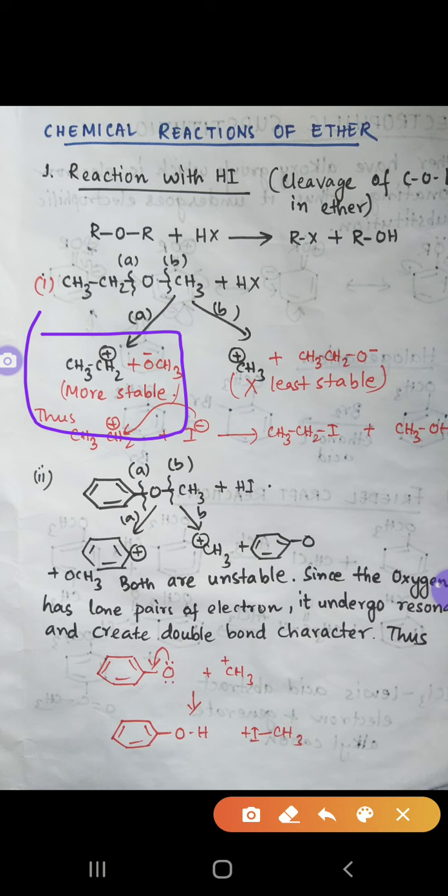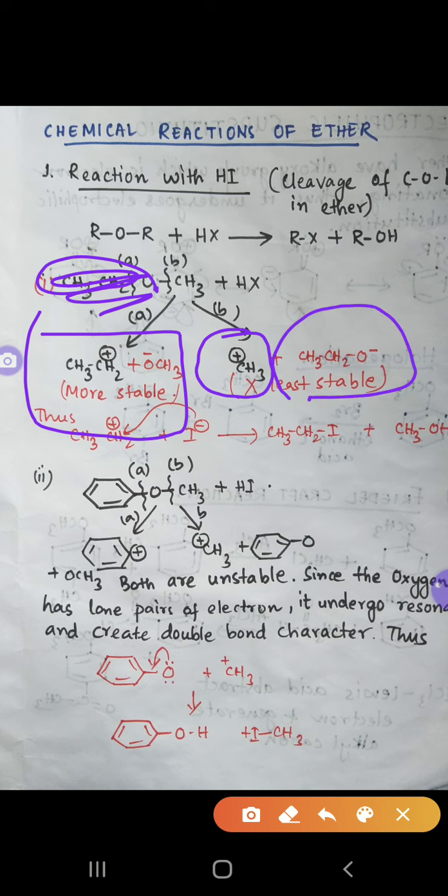Now if we break the C-O bond from side B, then we will get CH3 plus and this part CH3CH2O minus. If I ask you which carbocation is more stable, you will definitely answer this one, the CH3CH2 carbocation is more stable. That means I minus will get attached to this carbocation.